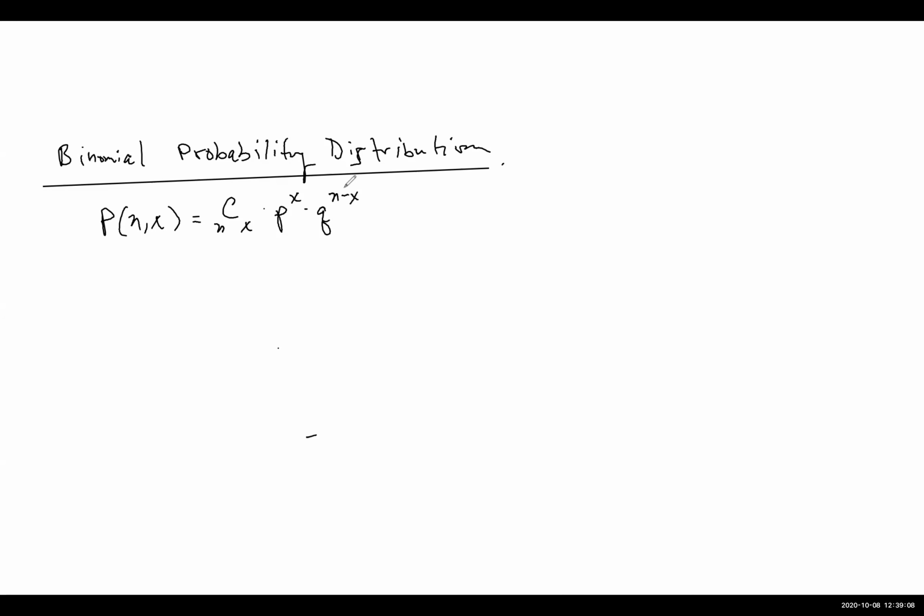And let me just list those things down here. N is the number of trials. X is our number of successes, and what a success will be depends on the question.